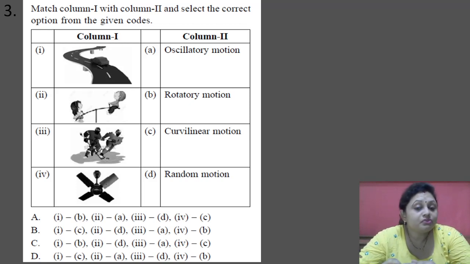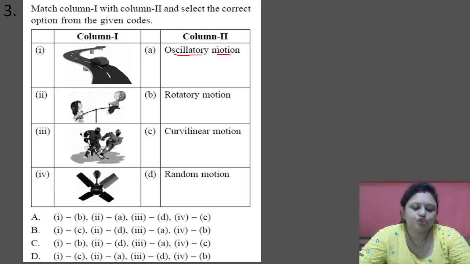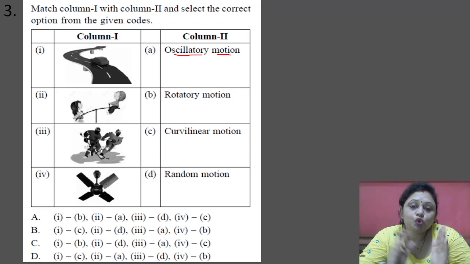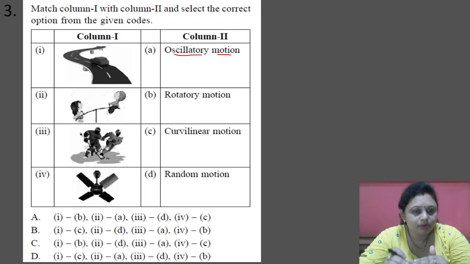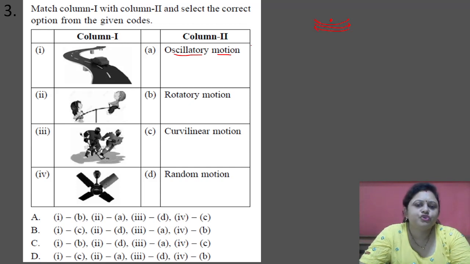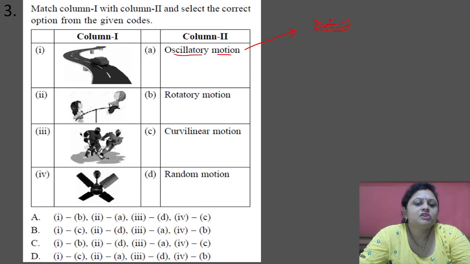The first one is the oscillatory motion. Do you know what oscillatory motion is? It is the to and fro motion of a body about a fixed position. If there is to and fro motion about a fixed position, then that is oscillatory motion. Next is the rotatory motion.